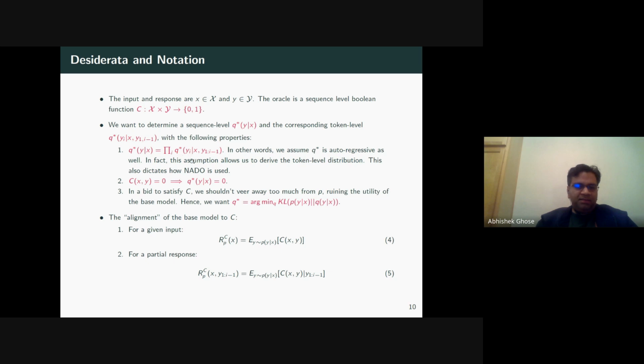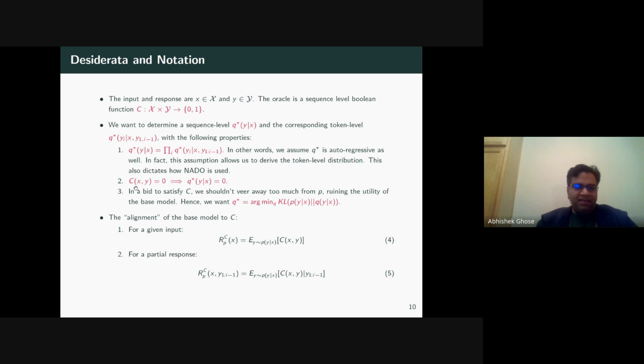So NADO says that, well, the base LM is autoregressive, so we'll just assume that the adjusted distribution is also autoregressive, right? And this gives you a clue as to how they can take a sequence level distribution and break it down into token level. They basically use this assumption that Q star is autoregressive, right?